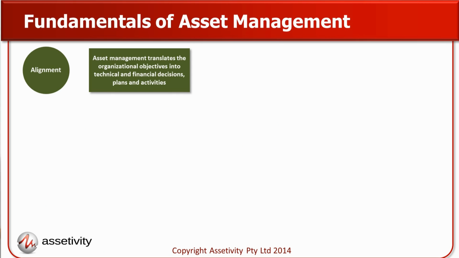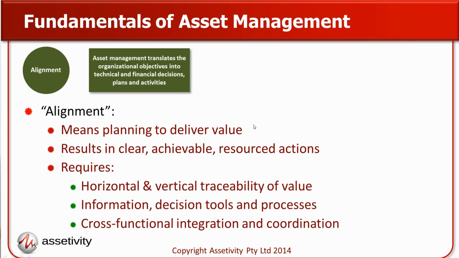In order to answer that question, we're going to need to dive down into the detail of the organisation, how it does its business, and how the asset base delivers that value. If we imagine the example of a water utility, they're quite likely to have an element of value associated with the quality of their drinking water. That's something that they'll be trying to achieve, high quality drinking water.